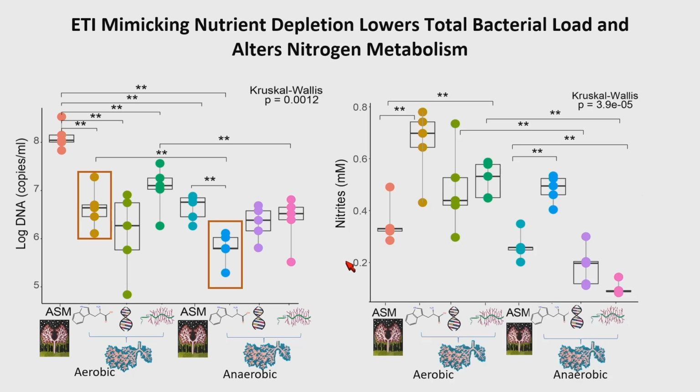Looking at these physiological changes, we measured nitrates in this community grown in the different nutrient artificial sputum media. And we also found that in low amino acid, the production of nitrates in this experiment is driven by low amino acid.